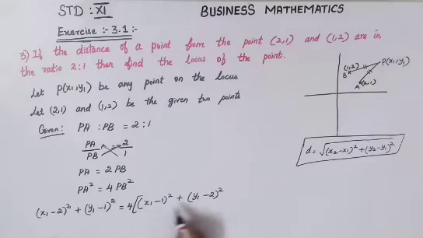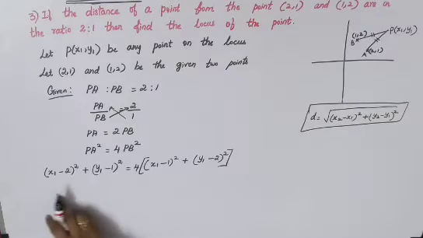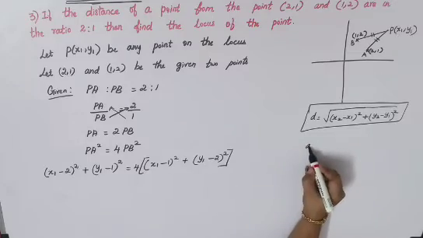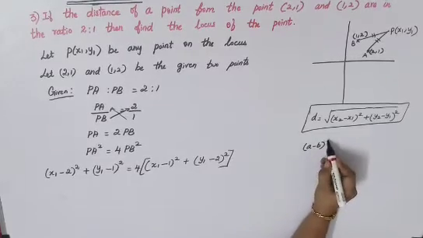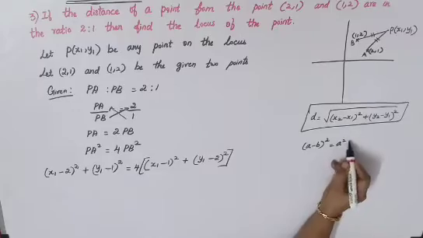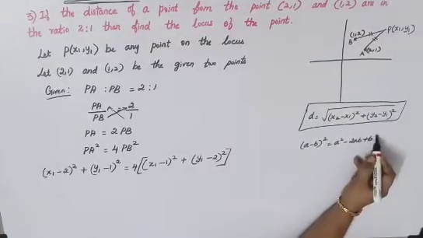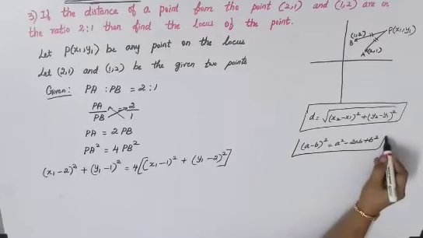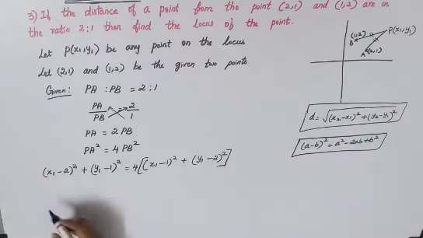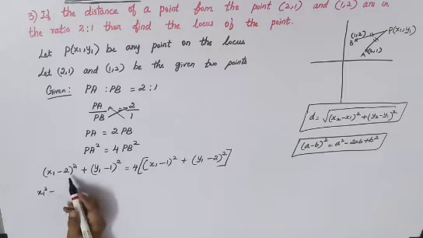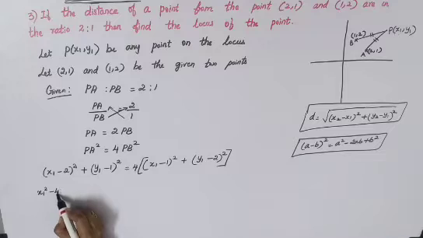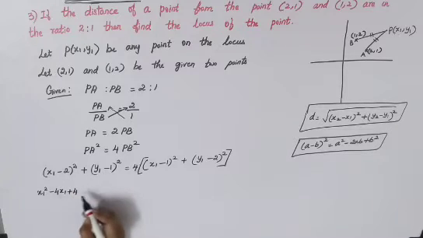This 4 is common. So you can use your formula, a minus b the whole square is equal to a square minus 2ab plus b square. So here it is x1 square minus 2ab, okay, 2 into 2 will become 4, so 4x1 plus 2 square will be 4.